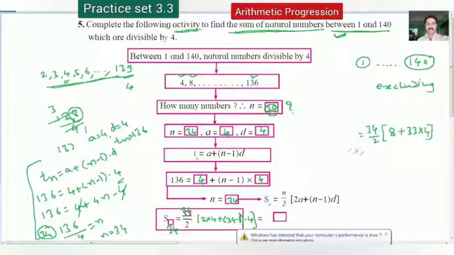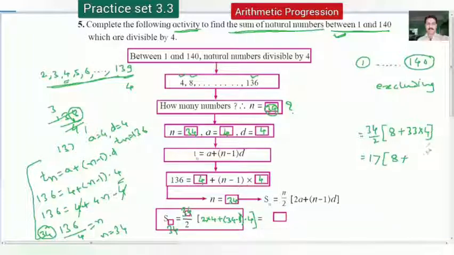Okay, now see here, just make the simplification. This is 17, make the division, and what will you get here? 8 plus 33 4s, 4 3s are 12, 4 3s are 12 plus 1, 13. So this is 17 into 140.